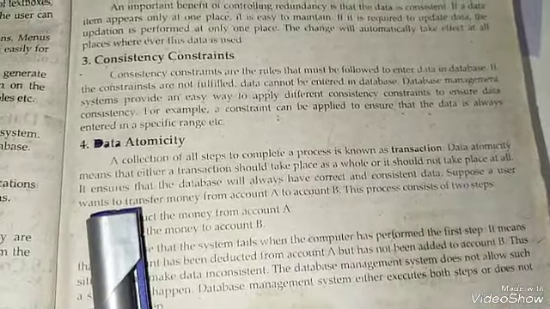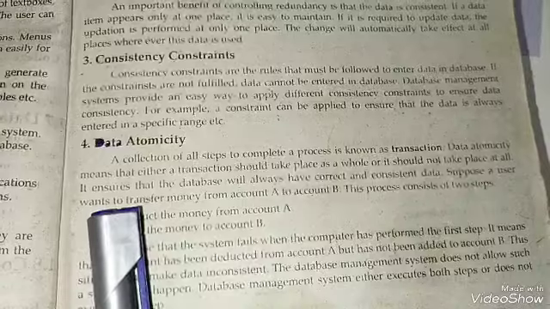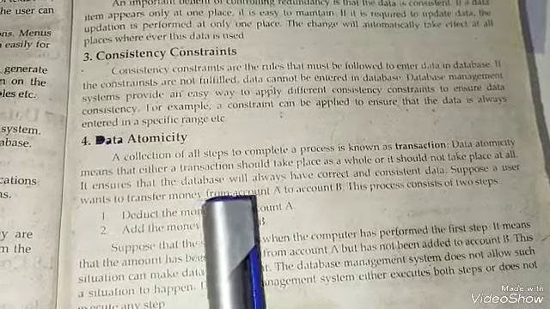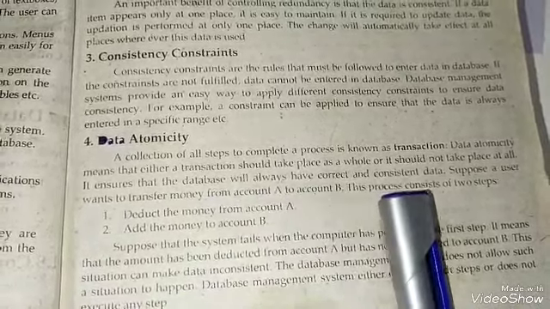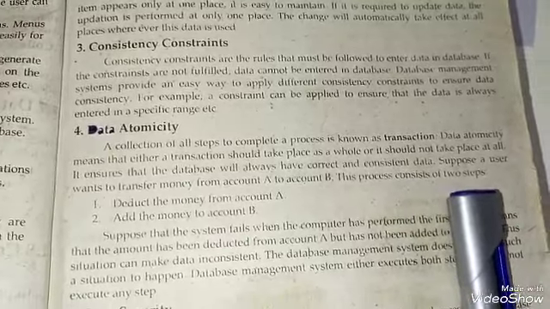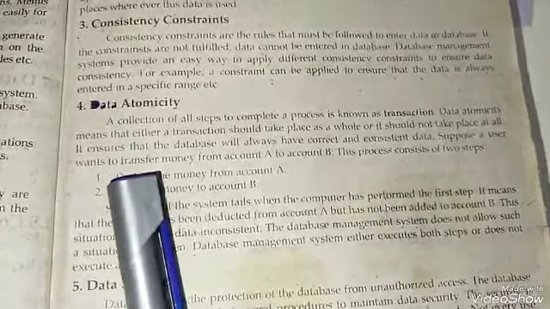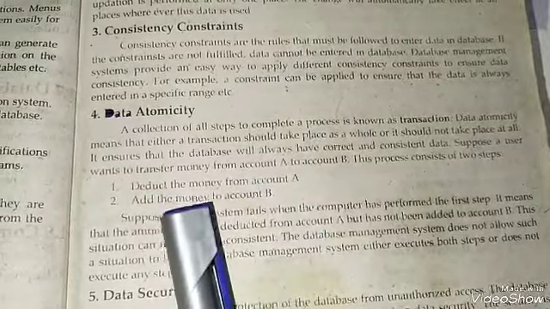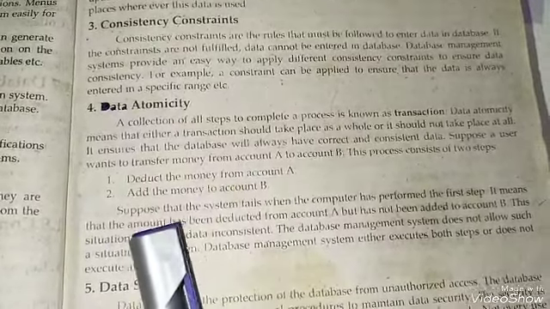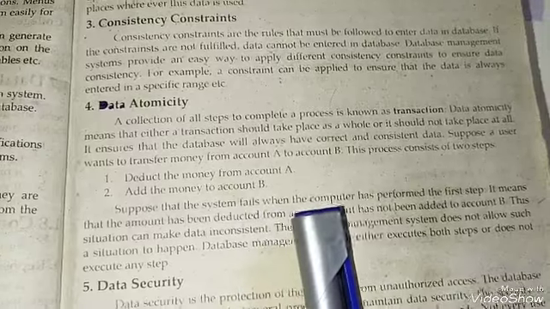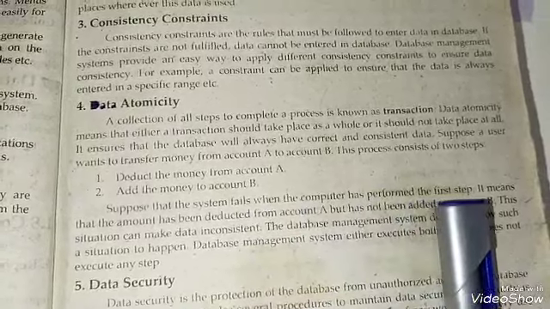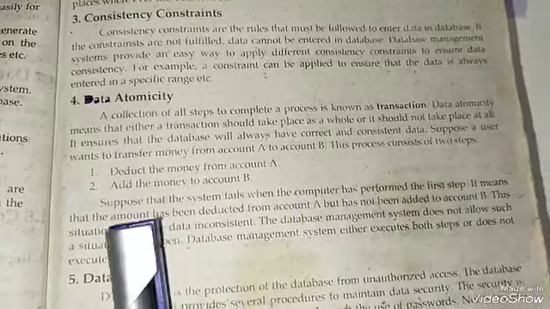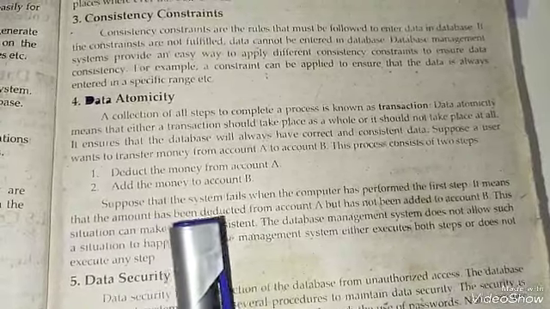Suppose a user wants to transfer money from account A to account B. This process consists of two steps. Number 1, deduct the money from account A. Number 2, add the money to account B. Suppose that the system fails when the computer has performed the first step.